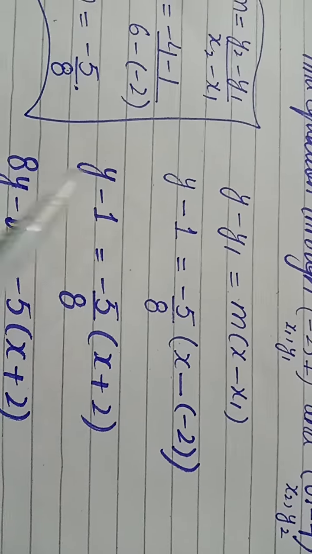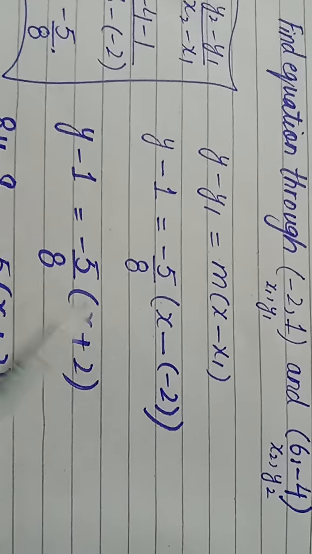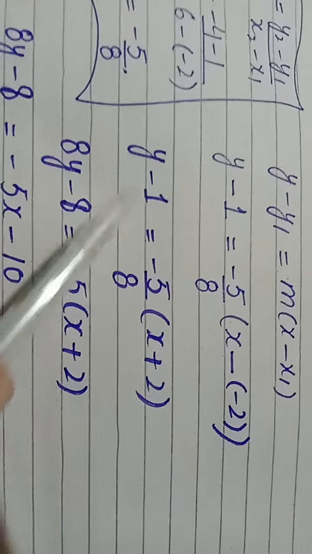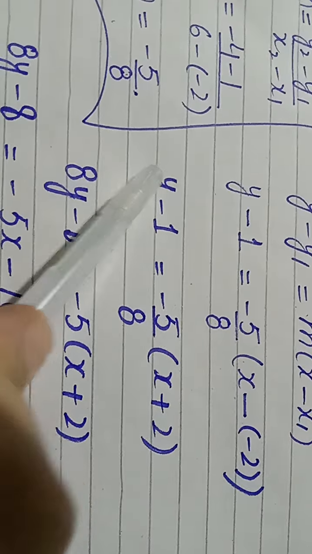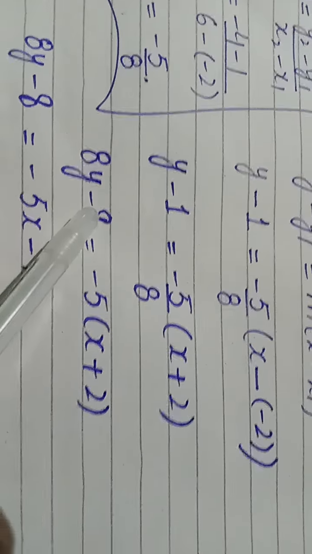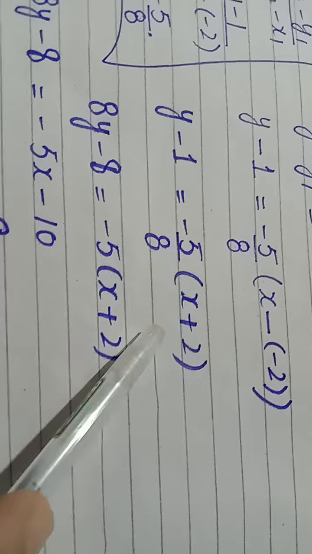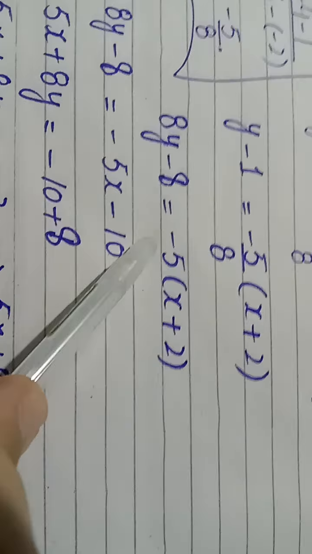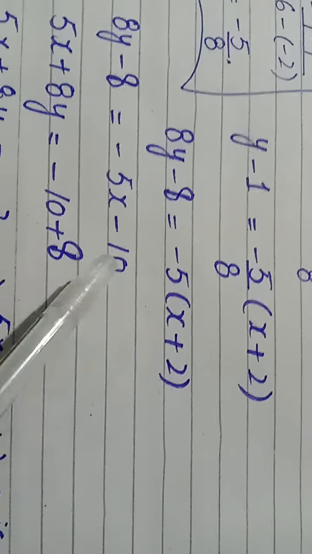Now, solve it. Y minus 1 is equal to minus 5 by 8 into x plus 2. Now, cross multiply this 8 over here. 8y minus 8 ones are 8. Left over is minus 5 multiplied by x plus 2. Minus 5 multiplied by x is minus 5x, and minus 5 twos are minus 10.